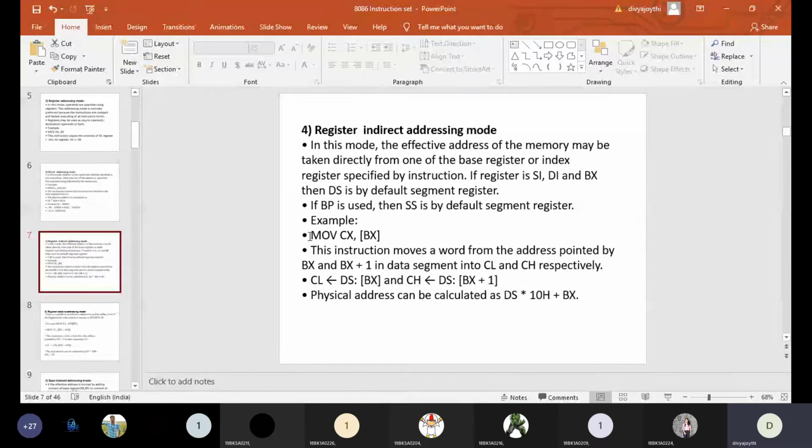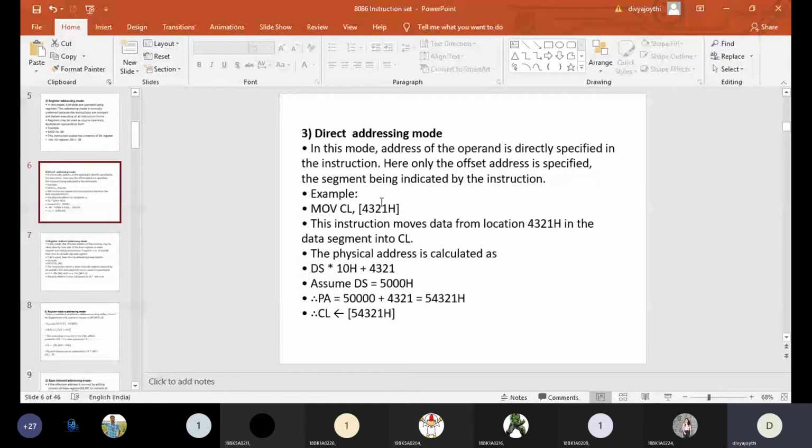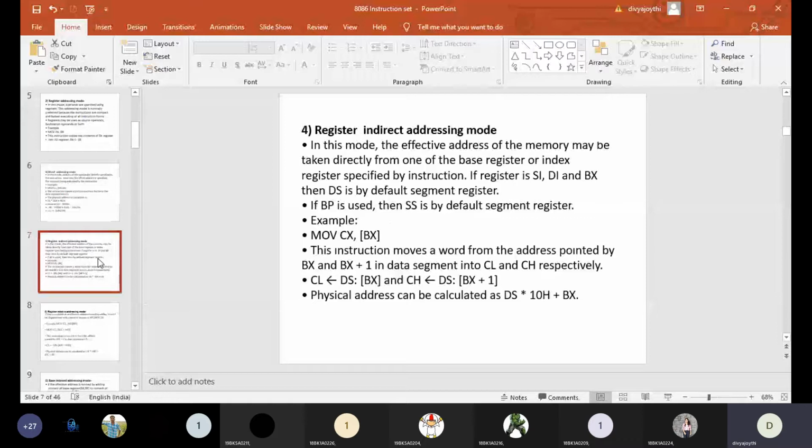Here BX is containing some information, and the braces indicate that BX is containing the offset address. In direct addressing, the offset address is directly specified in the instruction, but in this particular addressing mode, the offset address is stored in a register and that register is specified in the instruction.